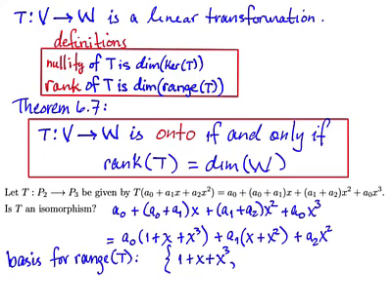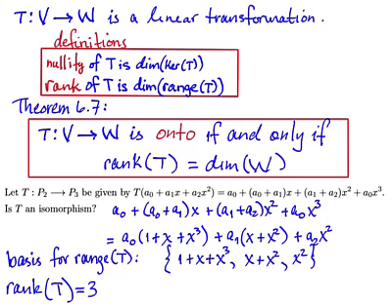So a basis for the range is the polynomial 1 plus x to the third, the polynomial x plus x squared, and then the polynomial x squared. Those are linearly independent, and it's pretty easy to show that. That's a basis for the range, so that means that the rank of T is 3. The dimension of the range is 3.